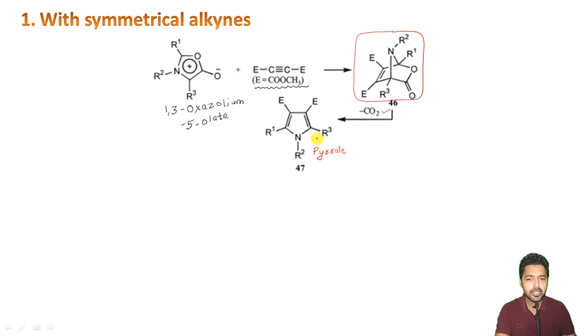So better to write it as a substituted pyrrole. So as far as the very first reaction is concerned, that is with some symmetrical type of alkyne, we will get a molecule of pyrrole. Okay, and once again the reaction is a type of 1,3 dipolar cycloaddition.